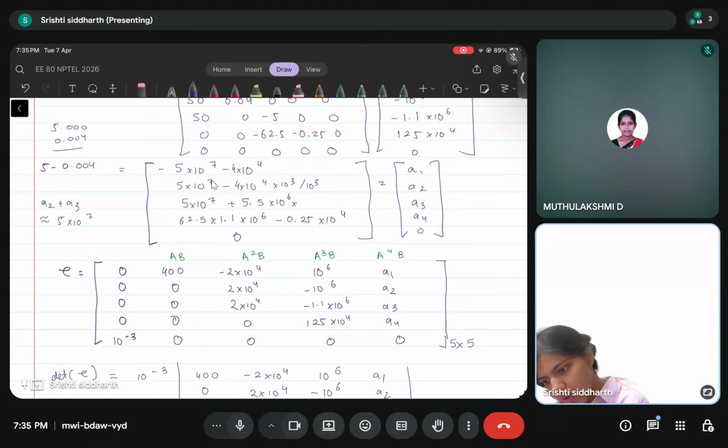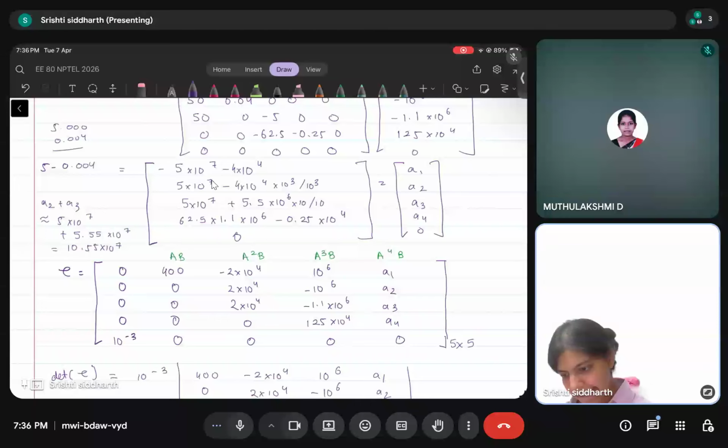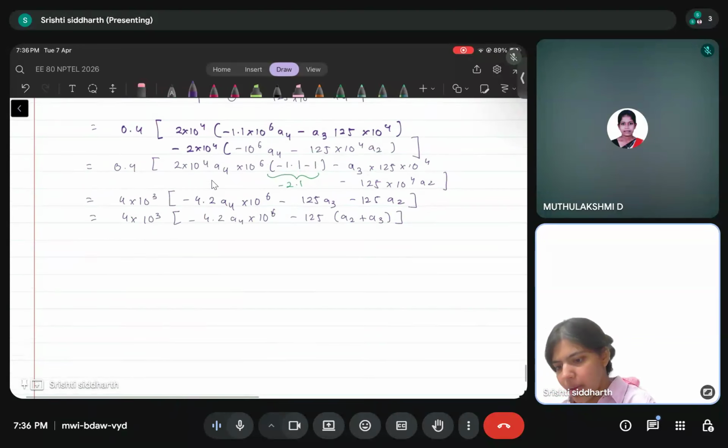Then we have plus 5.55 into 10 to the power 7. So let me know if the calculations are correct. So we have 10.55 into 10 to the power 7.